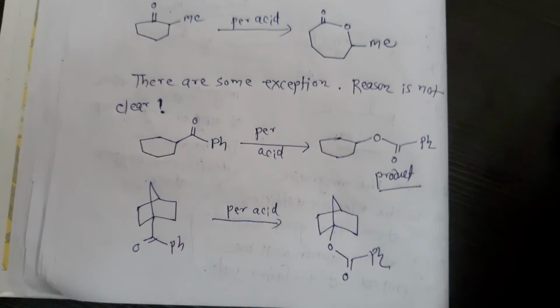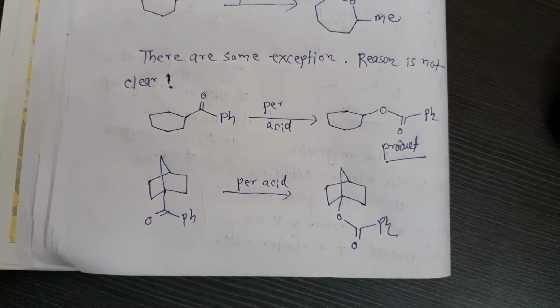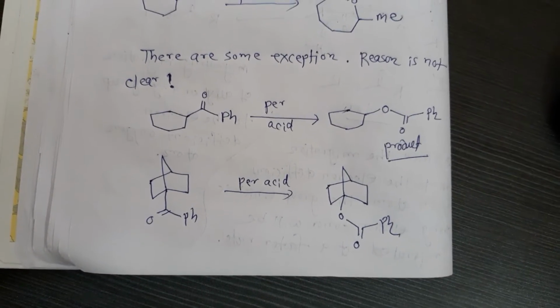These are the exceptions. Tertiary butyl and cyclohexyl groups have greater migratory aptitude than phenyl.